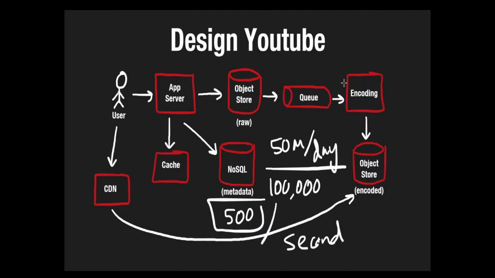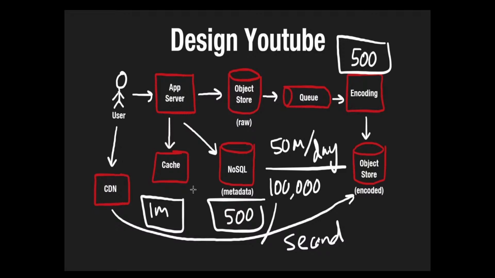So the first thing on your mind would be, well, can we just have 500 workers? No, that's pretty naive, because remember we said that it takes 1 minute to encode every video on average, let's say. So if we only had 500 workers, and in the first second we have 500 videos uploaded, each of those workers is encoding a single video.